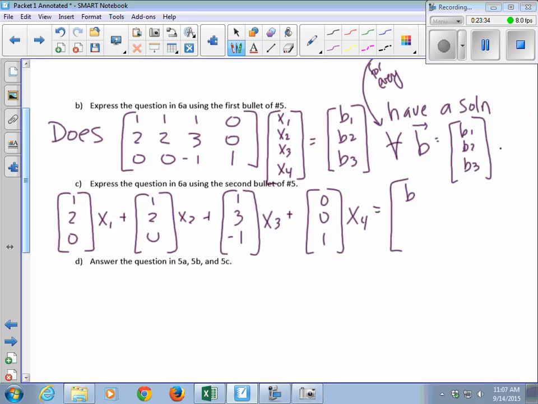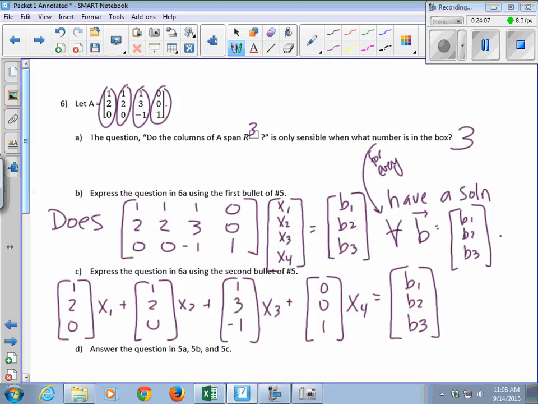Can I get any B1, B2, B3? Given some vector B, can I create it by taking a linear combination of the columns of A? This is the vector equation that's equivalent to the matrix equation. All right, how do I answer this question? I've asked this question 3 different ways now. Row reduce the augmented matrix, right?